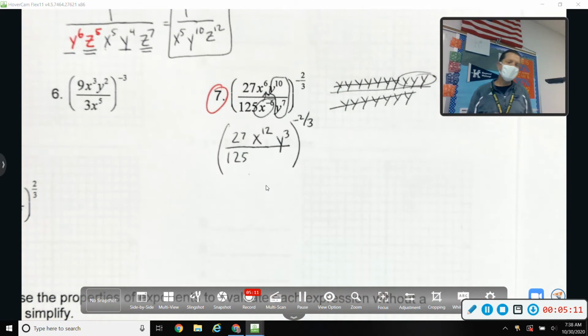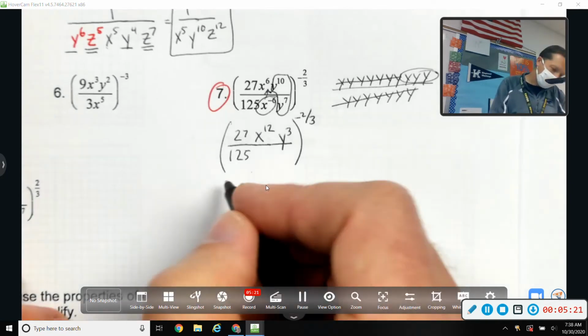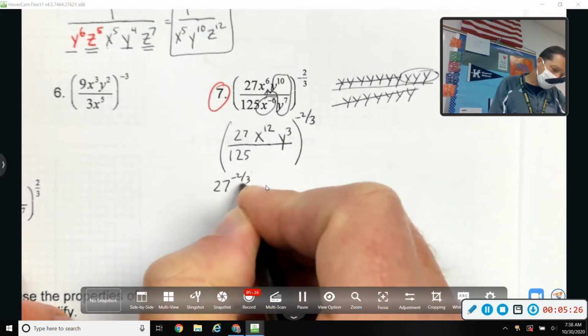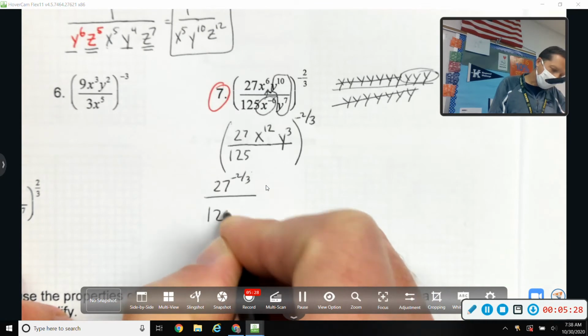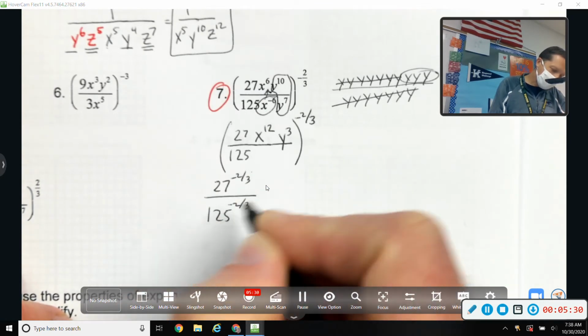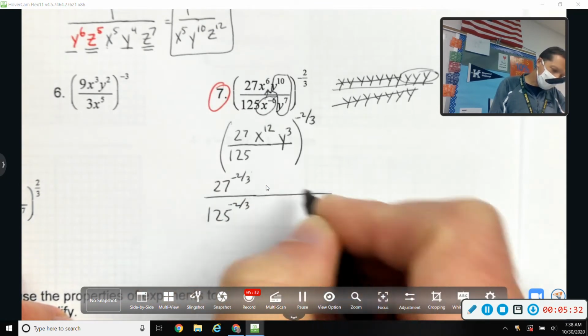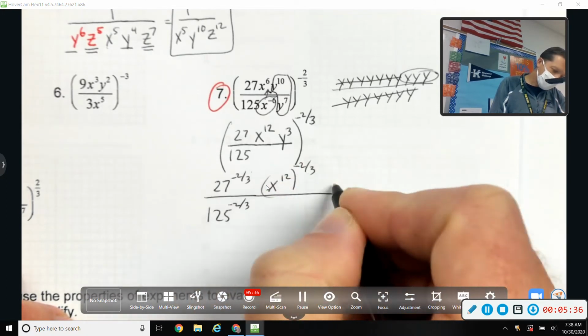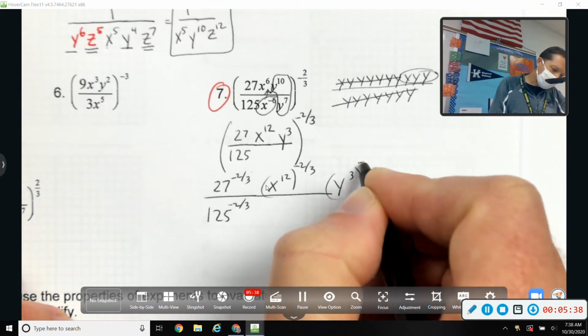Then all of that to the negative 2/3. I think probably the easiest thing is to put that negative 2/3 on all the pieces and then figure out what it means for each individual piece. So 27 to the negative 2/3, 125 to the negative 2/3, x to the 12th to the negative 2/3, y cubed to the negative 2/3.